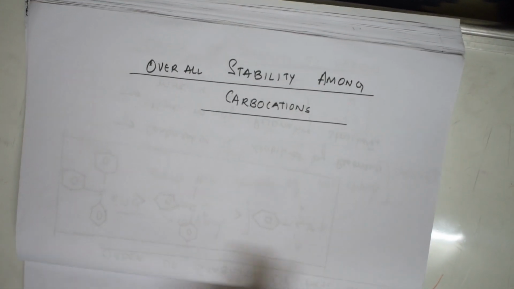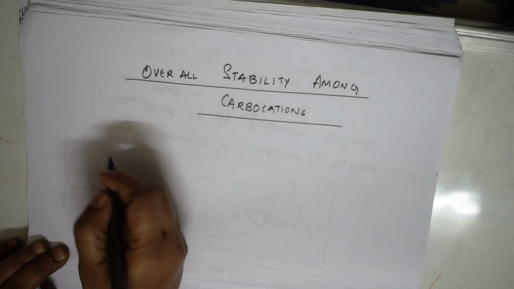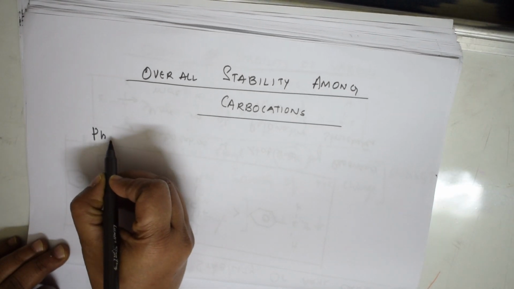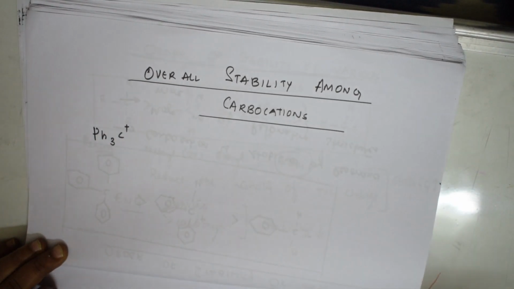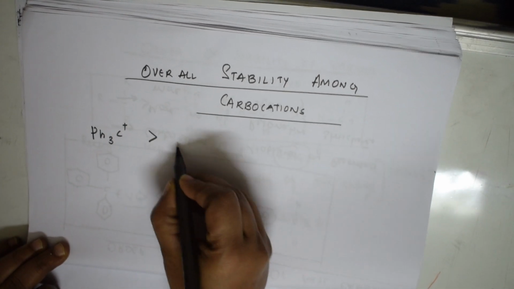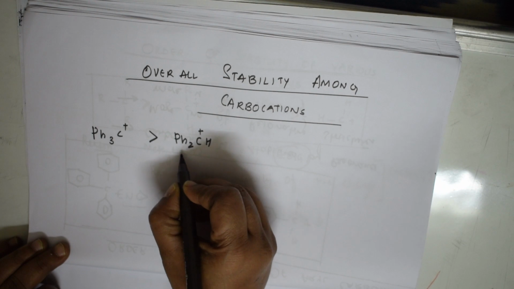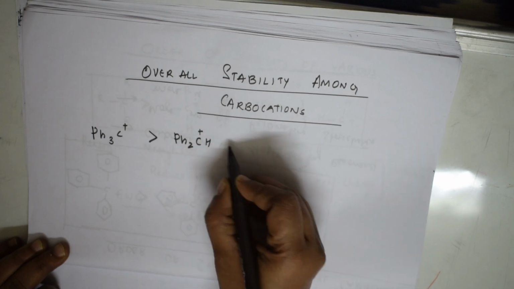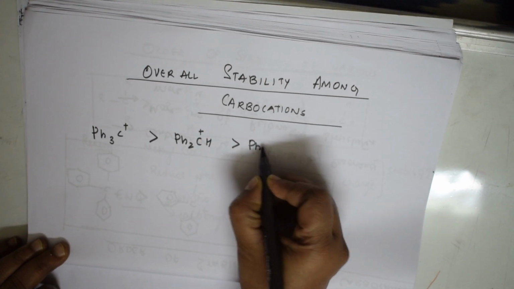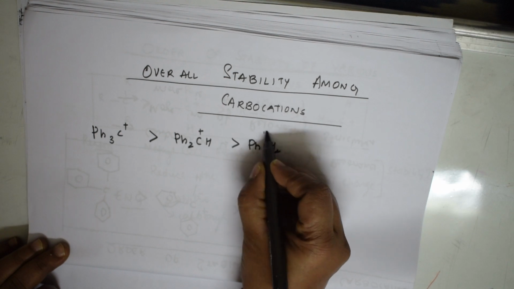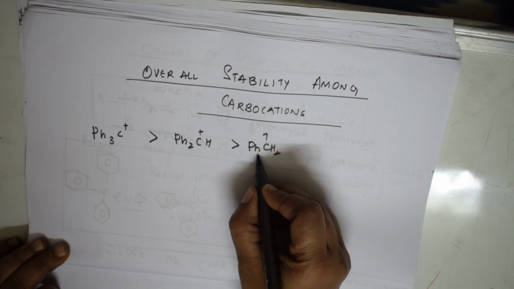Among aliphatic and aromatic combined, Ph3C+, with three phenyl rings, is more stable compared to Ph2CH+, because one phenyl ring is reduced and one hydrogen increases. Next, PhCH2+: here two hydrogens and one phenyl ring, that's why it is less.